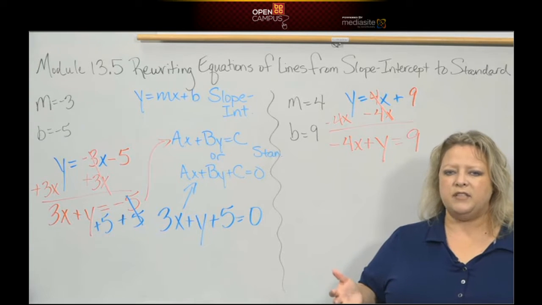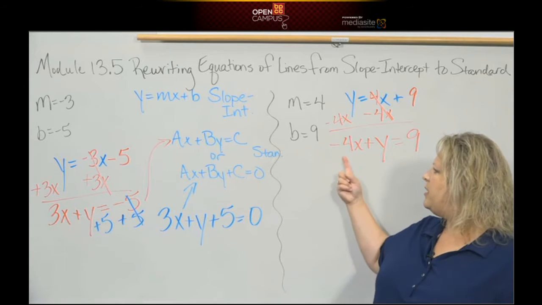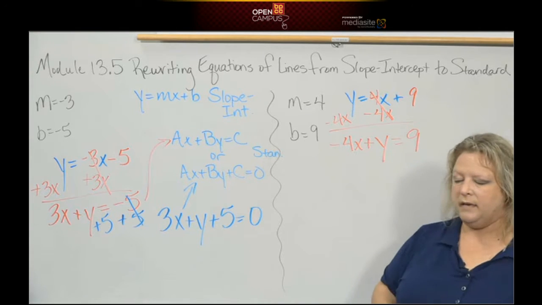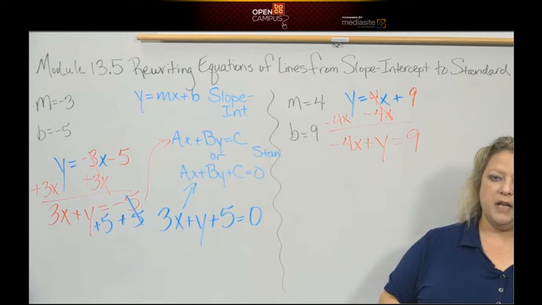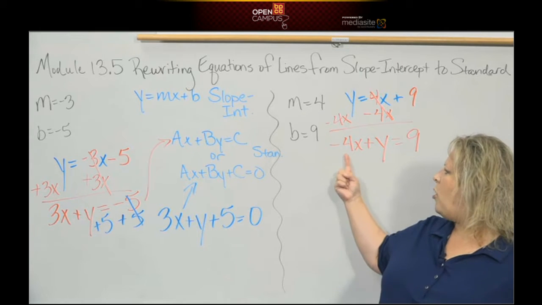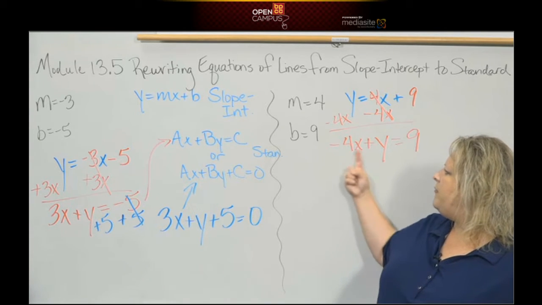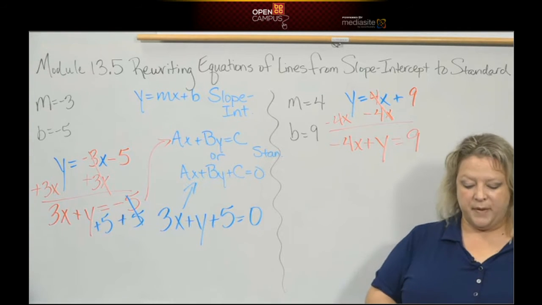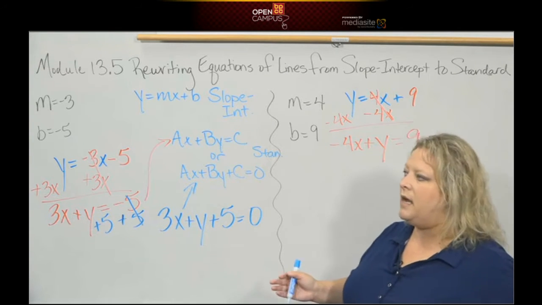Now, before I do anything else, I just want to emphasize this too. Again, this is an editor preference. There are some books that will accept the -4x plus y equals 9. Some books will do that. Some books will not. Some books want the value for x to be positive. So if that happens, I'm not going to say it always does.